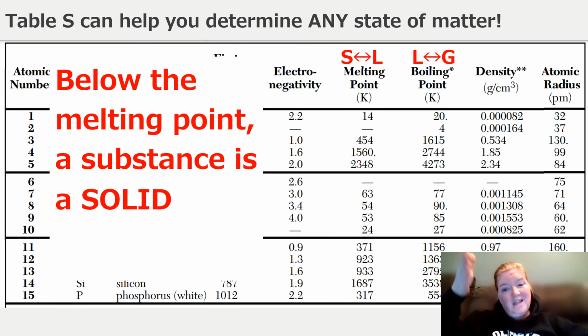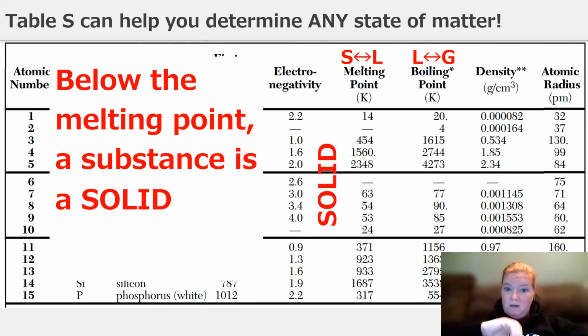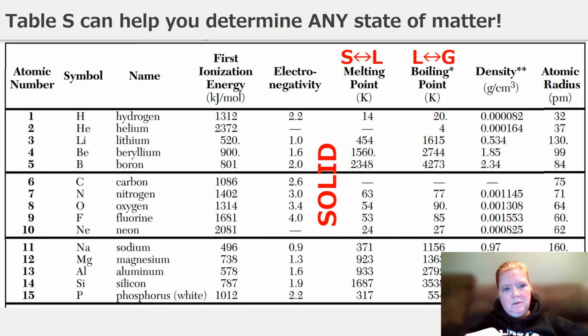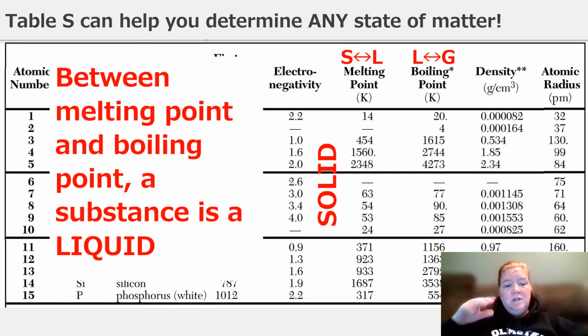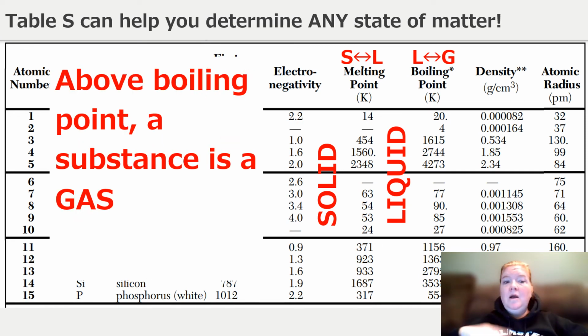That means it hasn't gotten to the temperature to be able to melt, so it's a solid. If the temperature is between the melting point and the boiling point, it's melted but not boiled, so it's going to be a liquid. And above the boiling point, a substance will be a gas, okay? Because it has already boiled, so it's a gas.